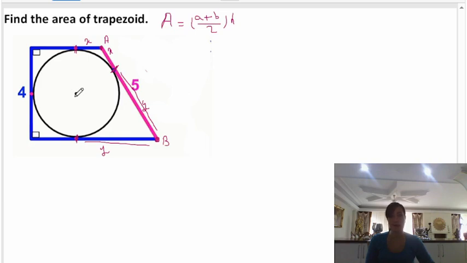So the radius here is 2. If I get 2 here, this side would be 2 as well, and this side would be 2. So to find these two bases, it is enough to find x and y.